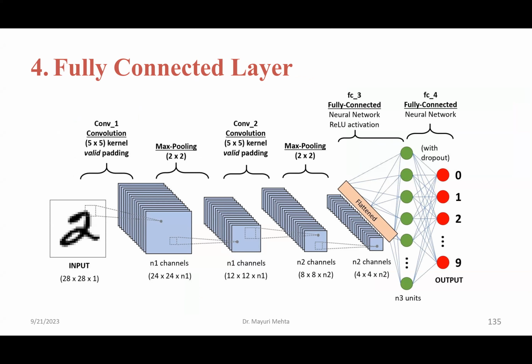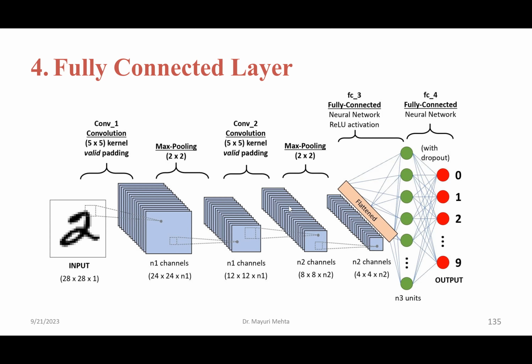Now, adding a fully connected layer is usually an inexpensive way of learning non-linear combinations of high-level features as represented by the output of the convolutional layer. So the fully connected layer is learning a possibly non-linear function in that space.